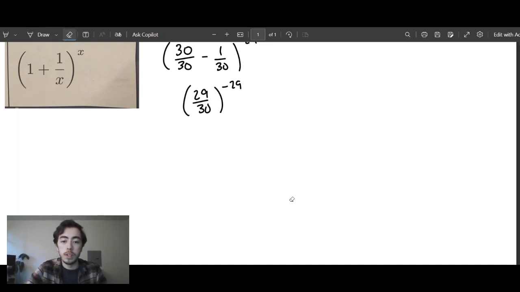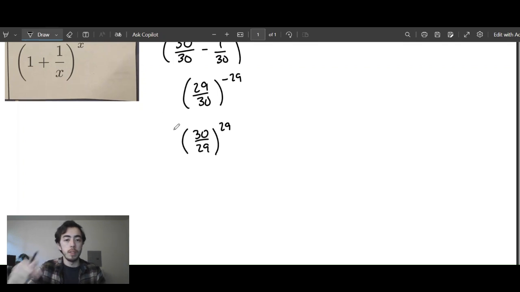So if we negate the exponent, it's the same thing as flipping the fraction. We can do both steps at once: we can flip the fraction, or you could think about negating the exponent, but then a negative times a negative is just a positive. However you want to deal with it, you can get rid of that tricky negative exponent by flipping the inside part.